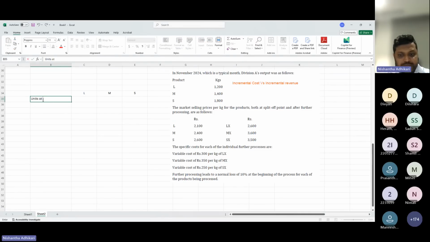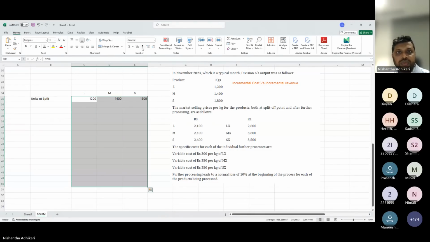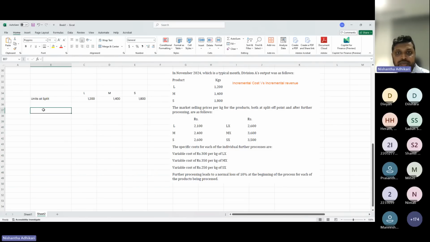Units at split-off point are 1200 kilograms, 1400, and 1800. Right. Then price at split: 2100, 2400, and 2600.